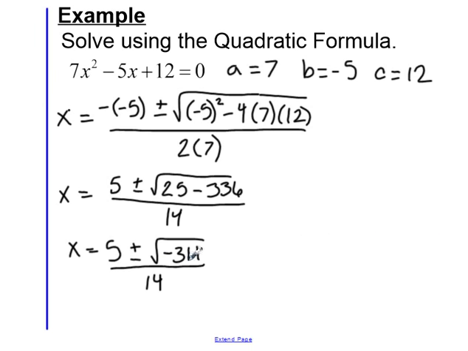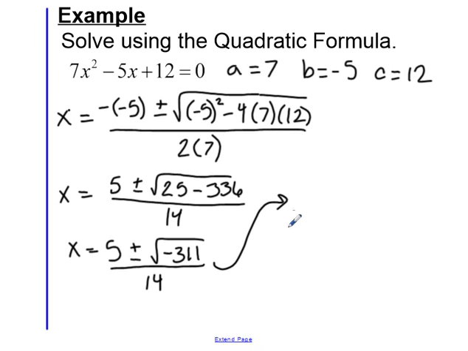Now negative 311. 311 is not a perfect square. 311 is also prime. We can't break down 311 either. We're not going to square root it as well. But we do have a negative here, so we do want to take care of the fact that it says negative 311. Remember that the square root of a negative will give us an imaginary number.